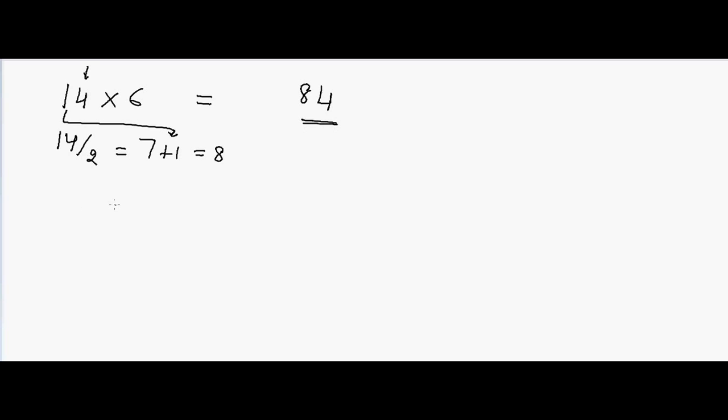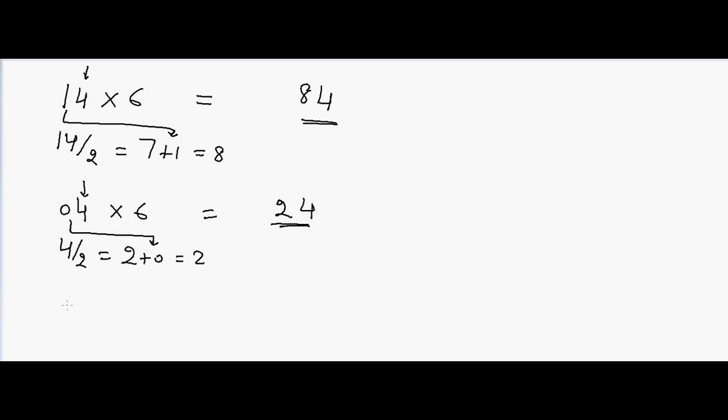Another example, if I have 4 and I want to multiply by 6, in that case the last digit is 4, so I'll write 4 here, and then half of 4 is equal to 2. Because it's a 0 here, if I add 0 it will still remain 2. The answer will be equal to 24. Let's do something more difficult.